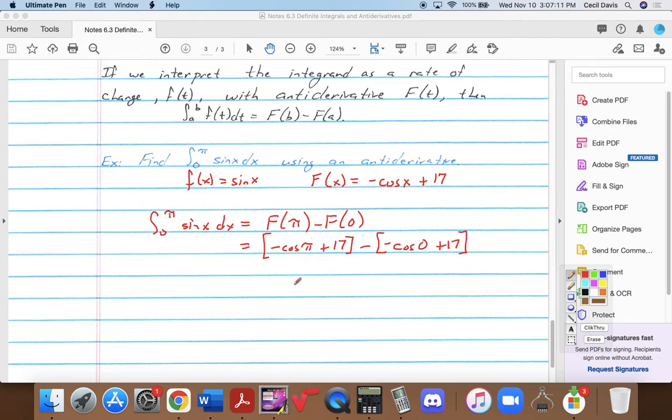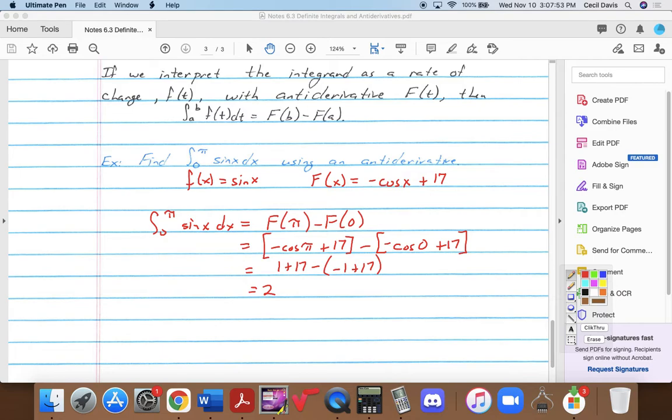Cosine at pi is negative 1, so this is 1 plus 17, minus, cosine at 0 is 1, so this will be negative 1 plus 17. Do you see why the 17s don't matter? They're going to subtract out. It's 2, which we did the other day. I said we would show you why it was. This is why.